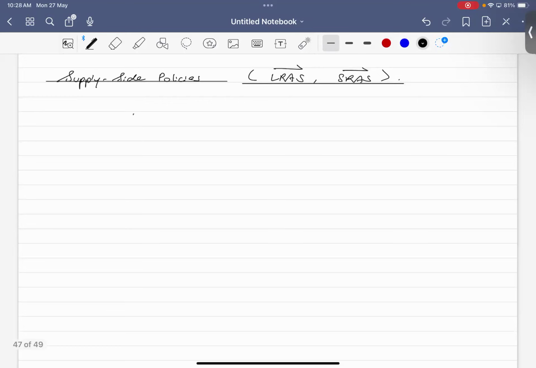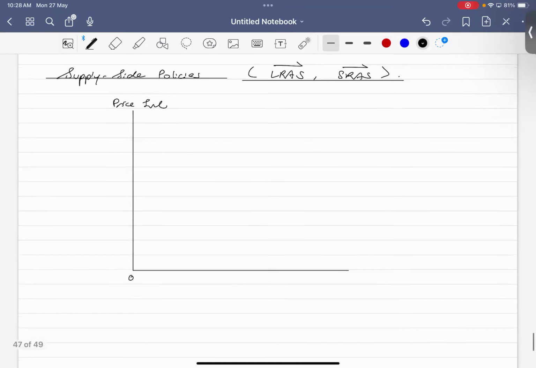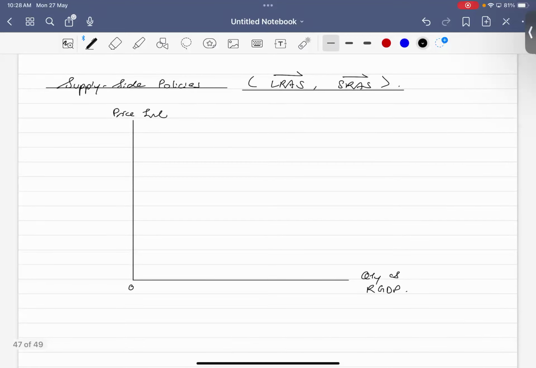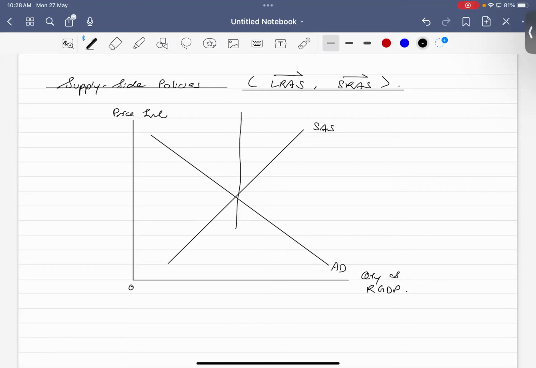So first of all, you have y-axis, you have x-axis, same thing, origin, and then price level, okay? And this is your quantity of real GDP. Okay, and then as usual, you have your aggregate demand curve, you have your SAS curve, and you have your LAS curve as well.